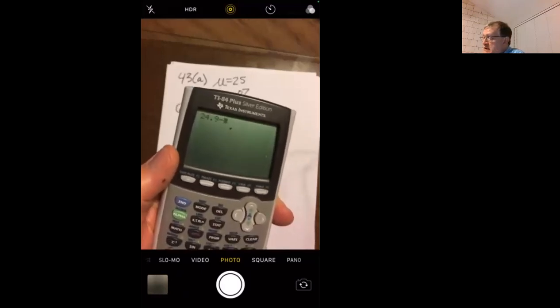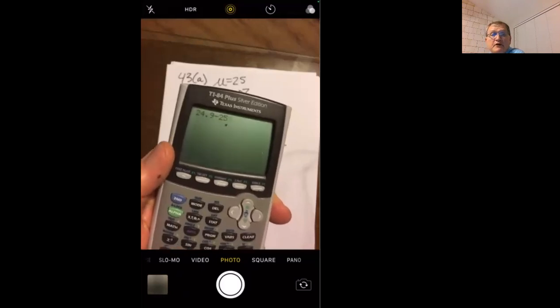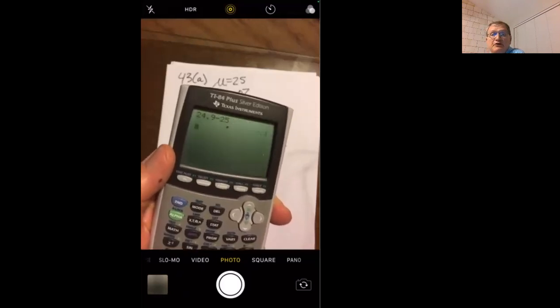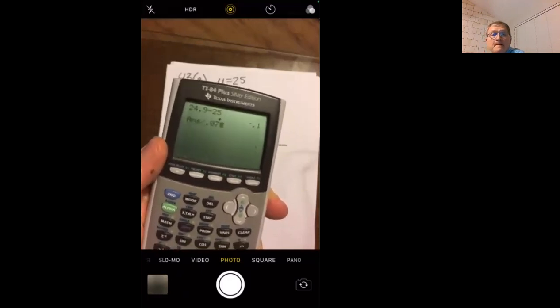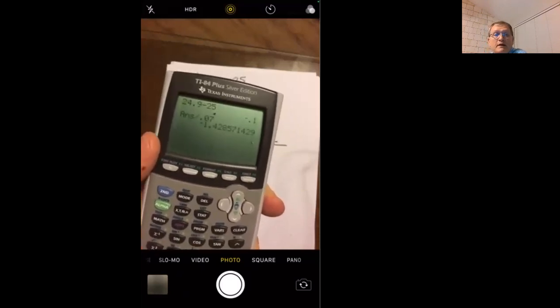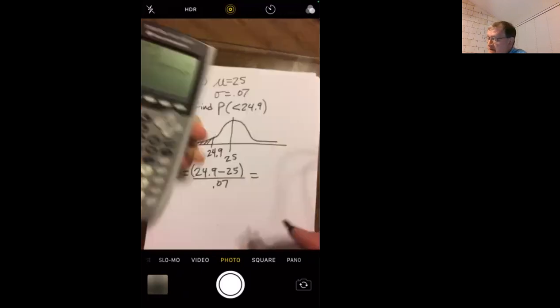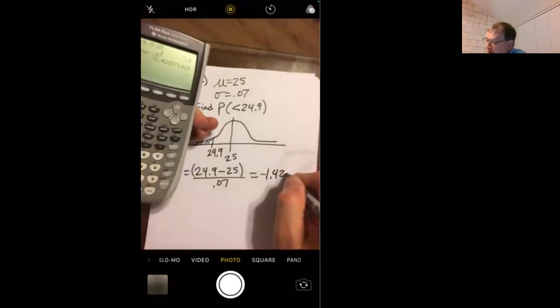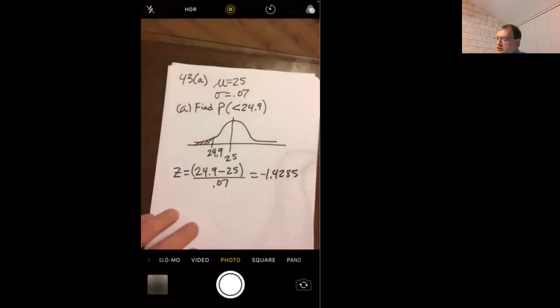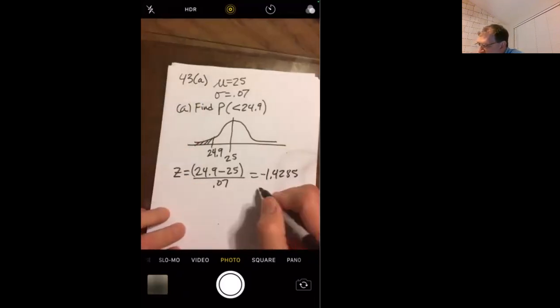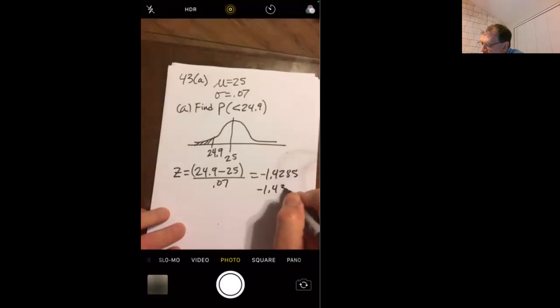Never fear, if you forget your parentheses, just hit enter to do the top and then divide by 0.07. Negative 1.4285. Again, you can just use 2 digits, 1.42, or you can look at the 4285 and call it negative 1.43, and that's what I'll do. You can do it either way.